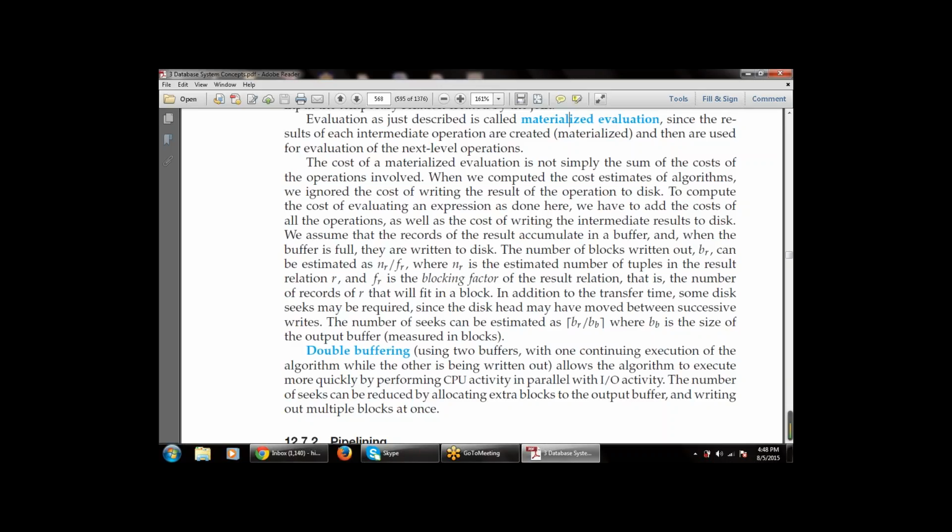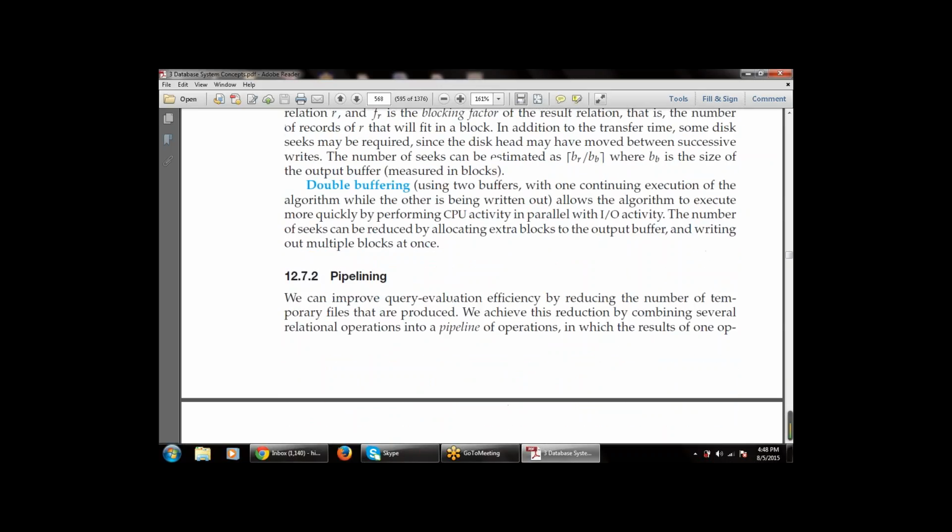Then materialization is finished. Then the next one is pipelining. What is pipelining and how do we use it?